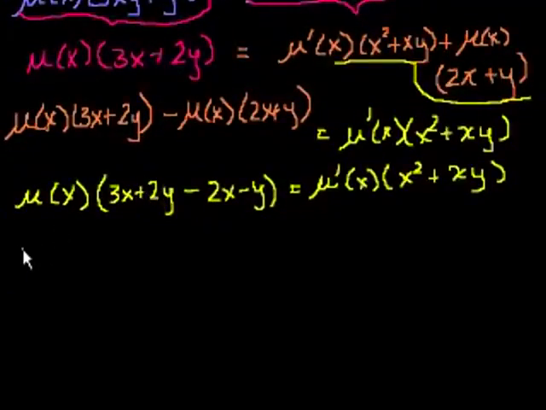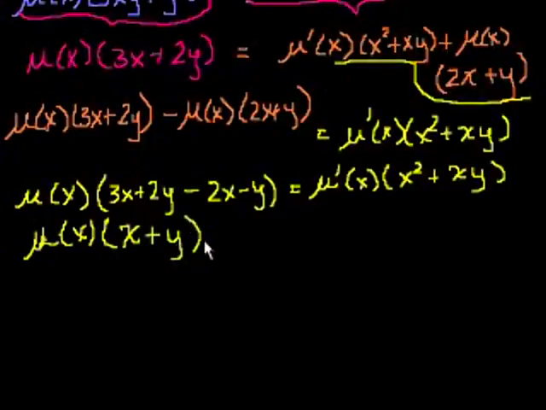Now we can simplify this, so we get mu of x times, what is this? 3x minus 2x is x, 2y minus y, so x plus y, is equal to, and I'm just going to simplify this side a little bit, mu prime of x.